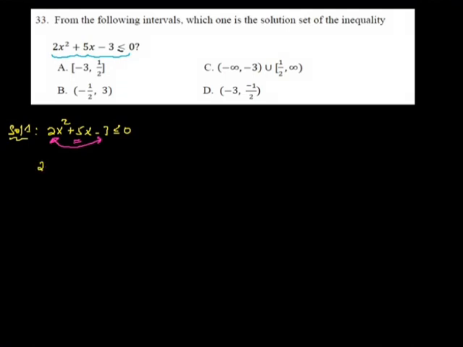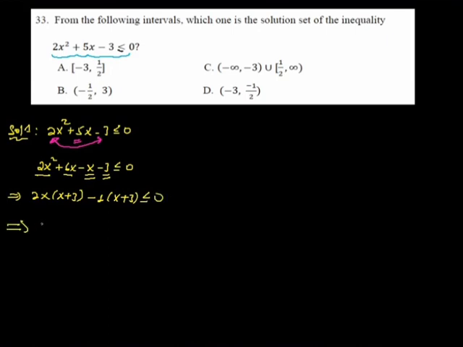So I can make like this 2x squared plus 6x minus x minus 3 less than or equals to 0 አድርጎ ማስቀመጥ ይቻላል። So you can factor 2x from here, 2x and 6x, factor ስናደርግ x plus 3 ይኖረናል። Again ከminus x እና ከminus 3 factor የምናደርገው negative 1 ነው። So this can be written as minus 1 times x plus 3 which is less than or equals to 0.